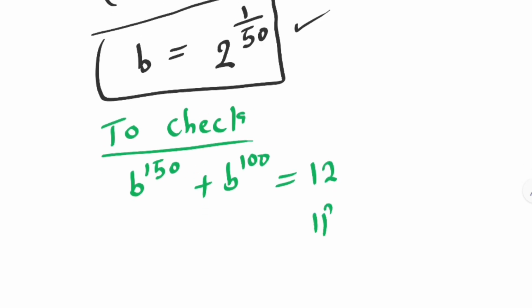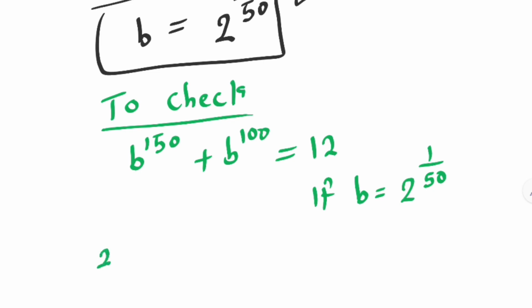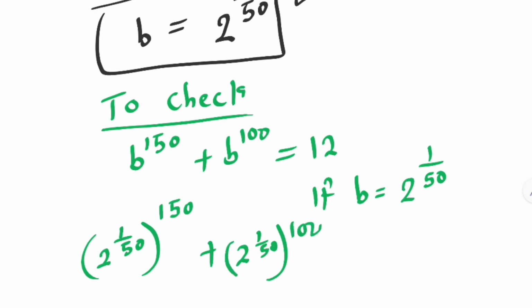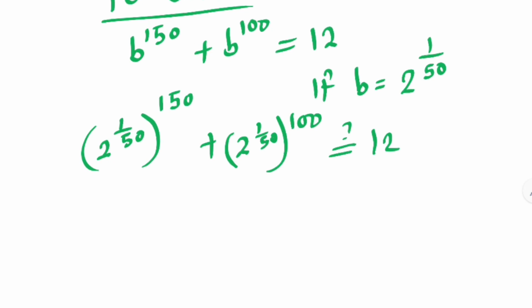Now, if b is equal to 2 raised to power 1 over 50, then this is 2 raised to power 1 over 50 to the power of 150 plus 2 raised to power 1 over 50 to the power of 100 must be equal to 12. Remember, if you have a raised to power m to the power of n, this is equal to a raised to power mn.